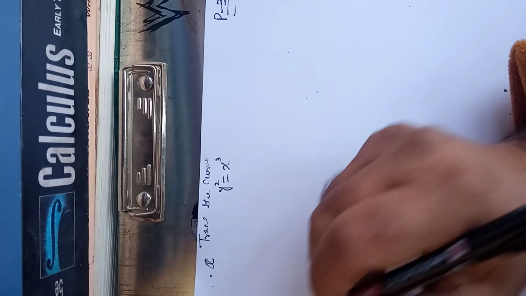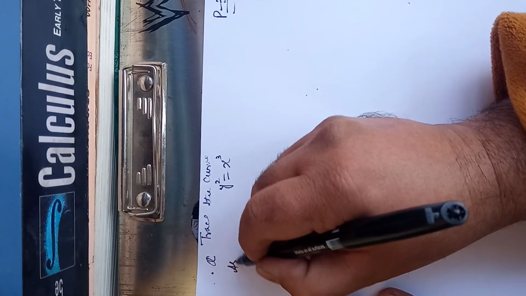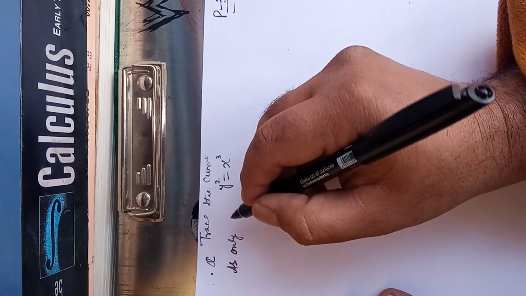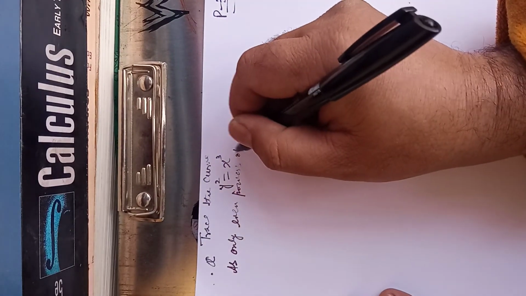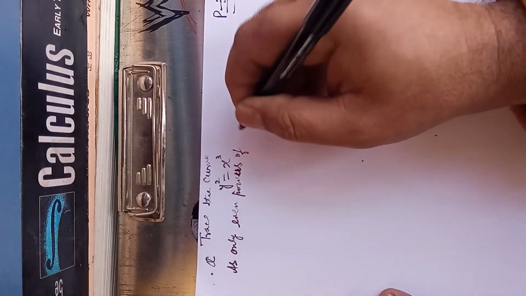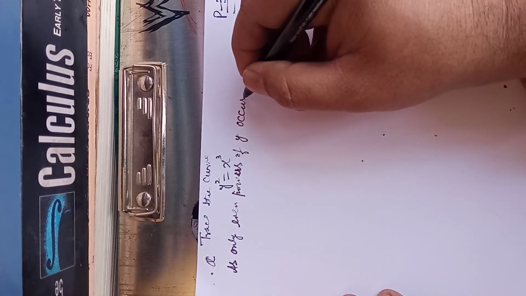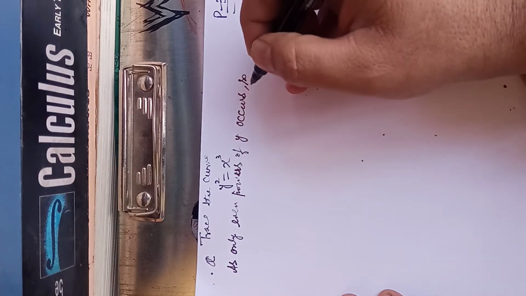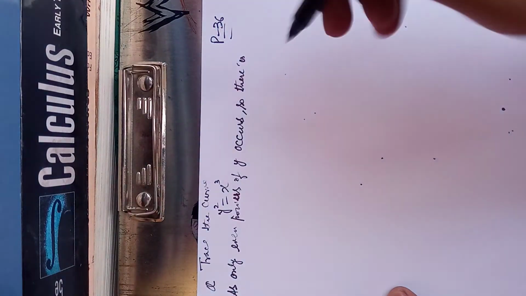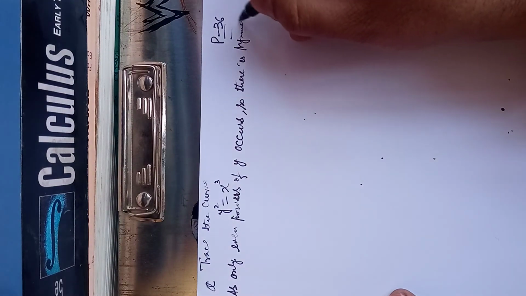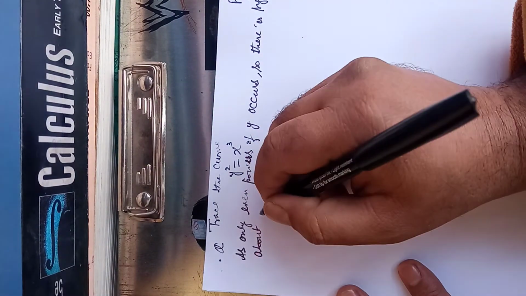Let me write down. Solution. As only even powers of y occur, so there is symmetry about x-axis.